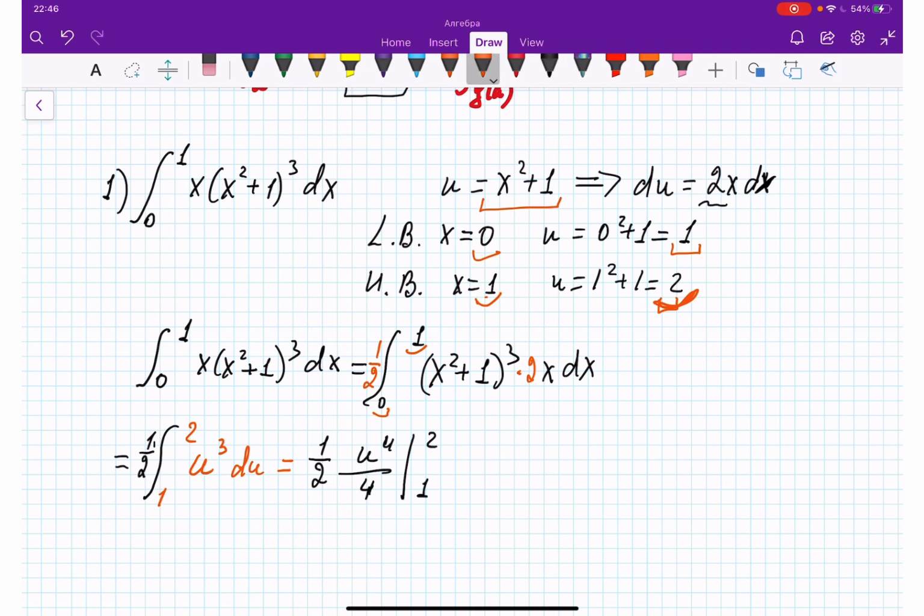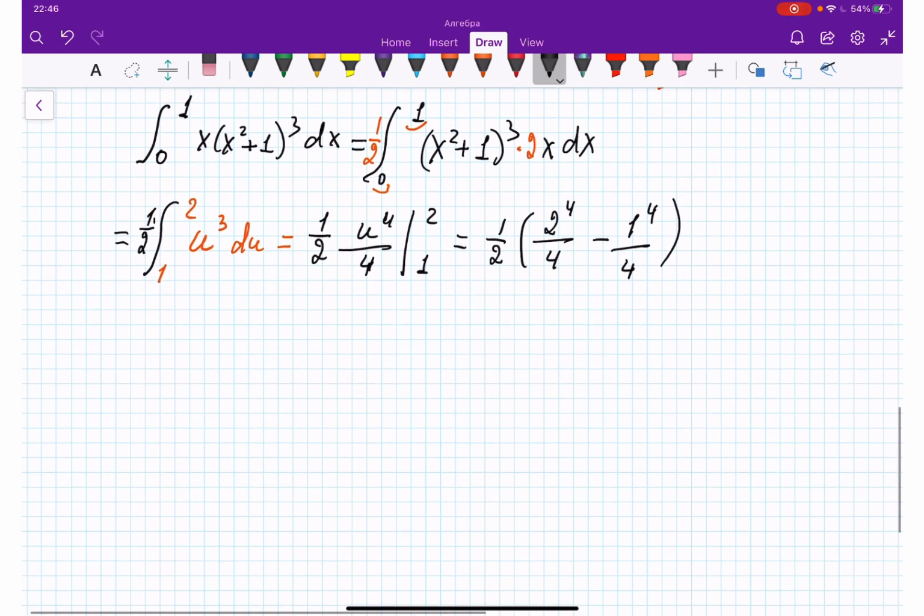Now it's going to be equal to 1/2 times 2 to the power 4 over 4 minus 1 to the power 4 over 4. All right, and we are getting 1/2 times, 2 to the power 4 is 16, 16 divided by 4 is 4, minus 1/4.